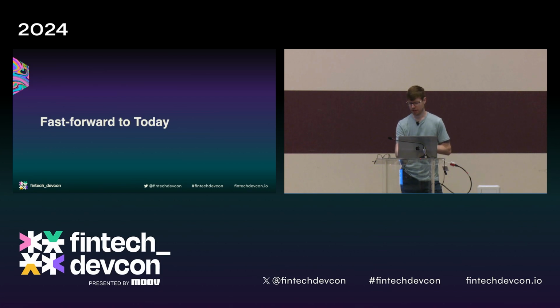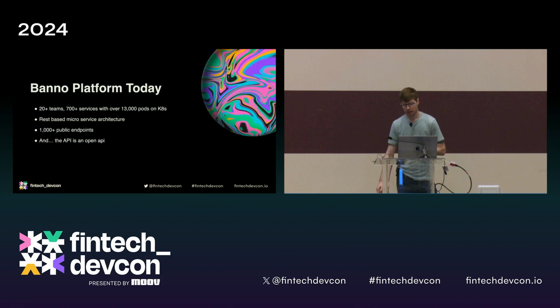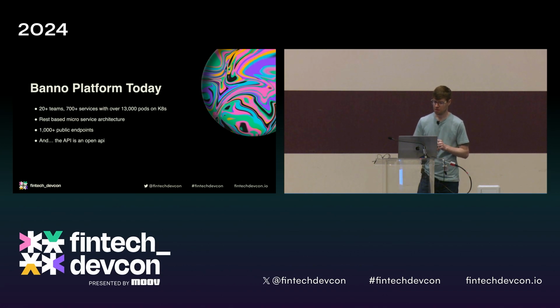So if we fast forward to today, which is what you probably want to hear about, we have 20+ different teams. We're running in Go, Node, Scala, and we have 700+ services running in Kubernetes. We have 13,000 pods. Our team isn't a small number of 20 engineers anymore, it's hundreds.